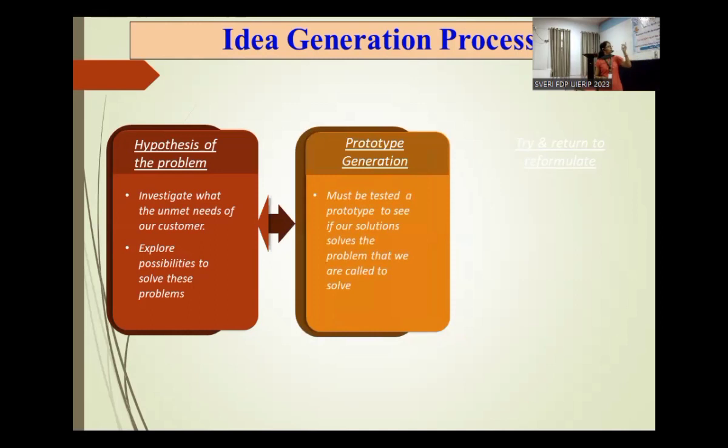Second is prototype generation. Whenever we are generating any product, at that time we cannot directly step to a business model. So take the example of your MTech or final year project. What do we do first? We decide a certain hypothesis. Before that, we tell students to find research papers and find the idea from them.